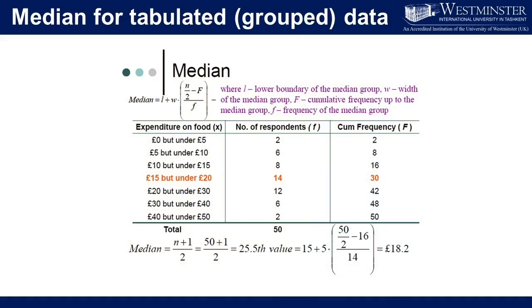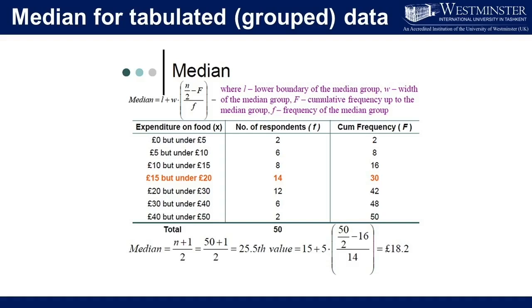Now, the formula to find the median for grouped data is the following. The median is the lower boundary plus the width of the median group multiplied by n divided by 2 minus cumulative frequency, divided by frequency.